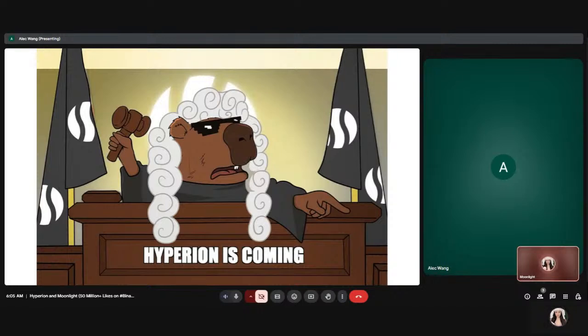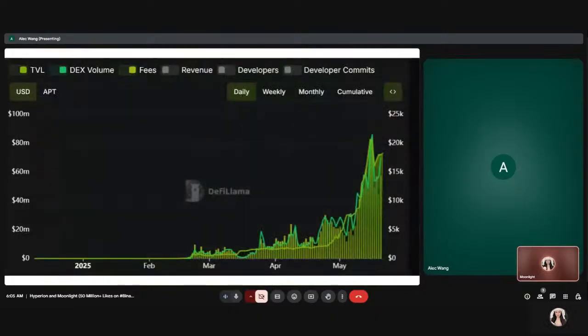Their goal is maximum efficiency, minimum security risk, and simplicity for both traders and LPs. Definitely sounds like a game changer for the DeFi ecosystem. So let's continue to our next discussion topic. What milestones has Hyperion achieved so far? Can you share some key numbers with us?